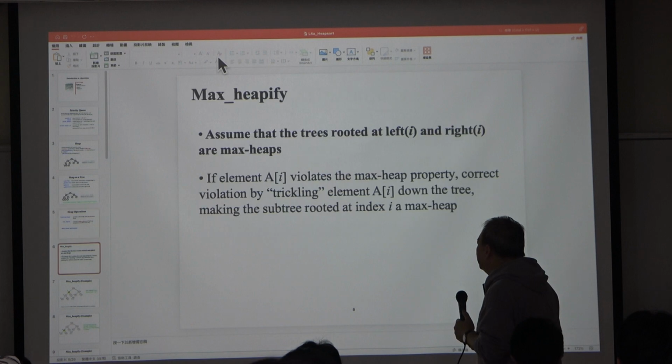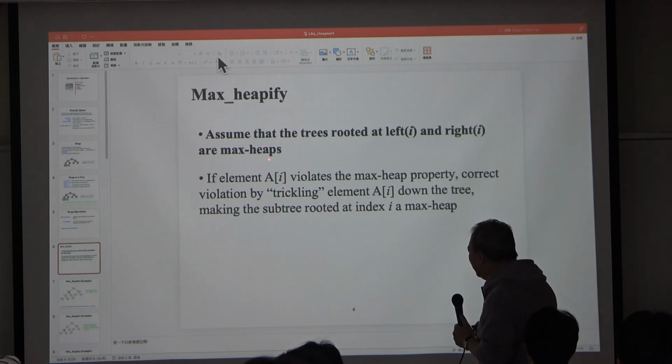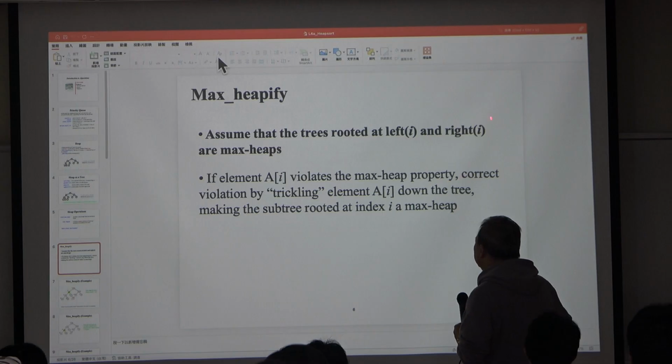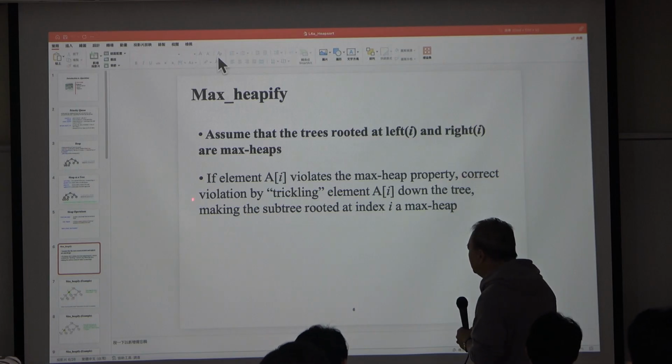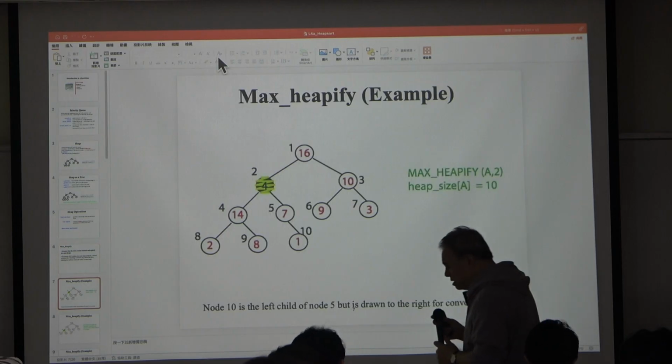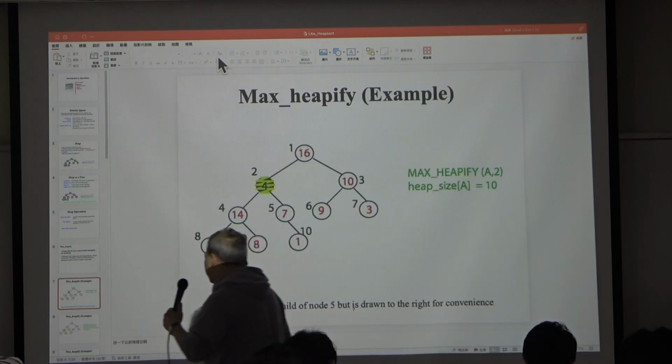To be exact, if element A[i] violates the max heap property, then we try to correct this issue by pushing the element A[i] down the tree, making the subtree rooted at index i a max heap. Let's look at what exactly happens here.